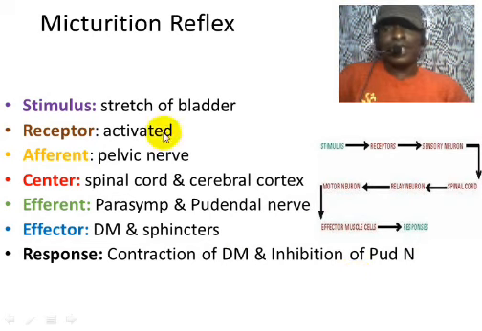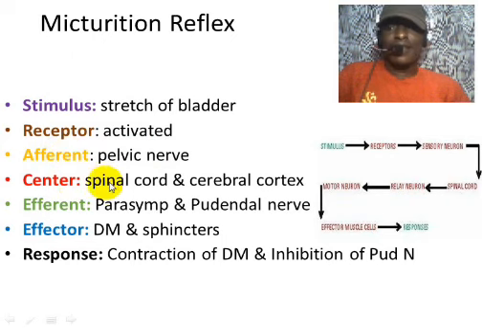Now, stretch of the bladder would activate the mechanoreceptors of the bladder. Activation of the mechanoreceptors would stimulate the afferent nerve, which is formed by the pelvic nerve. This pelvic nerve or the afferent fiber would carry the stimulus to the integrating centers.